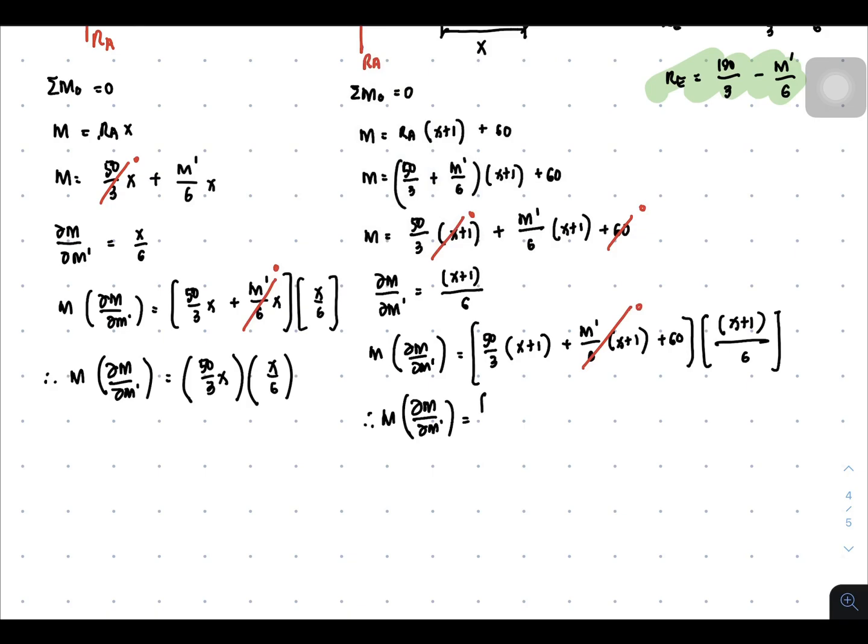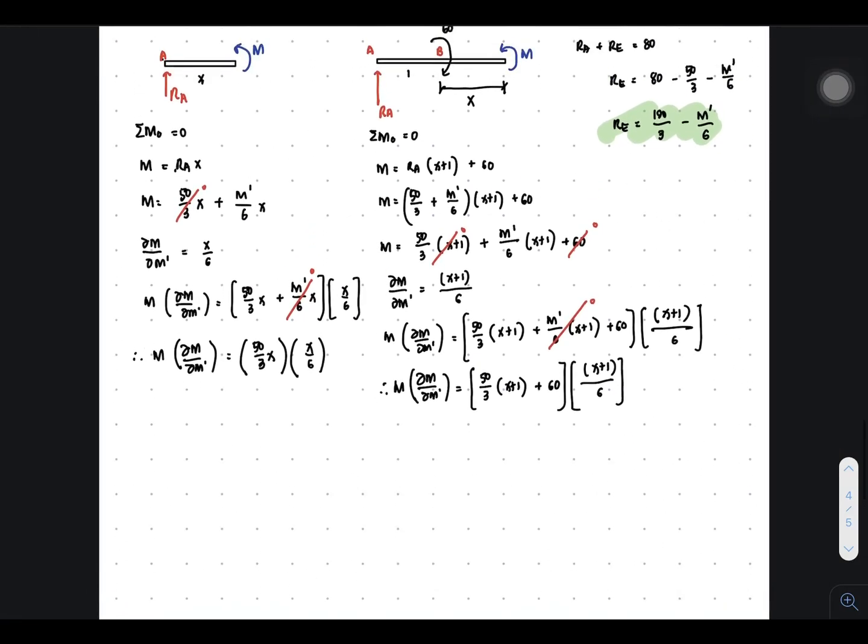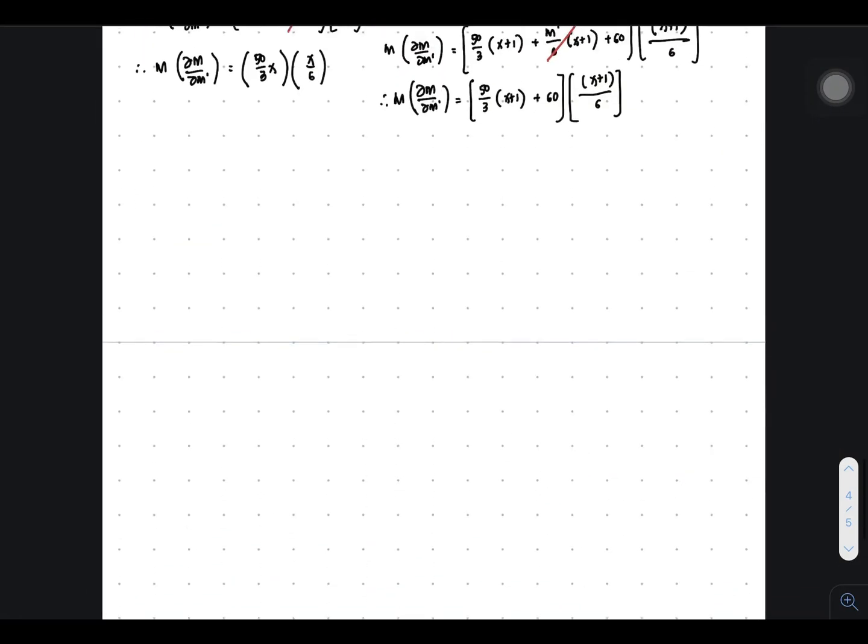So here, it's going to be now 50 over 3 x plus 1, then plus 60 to be multiplied by x plus 1 over 6. That is for the segment BC.